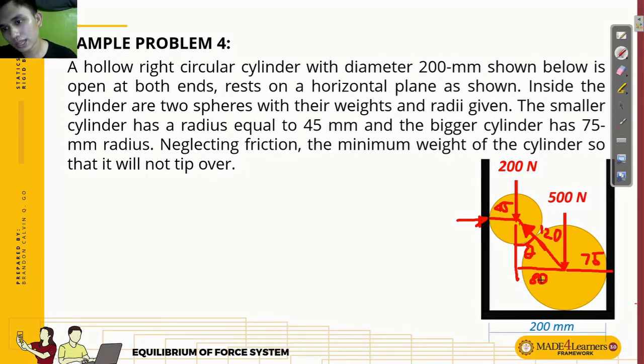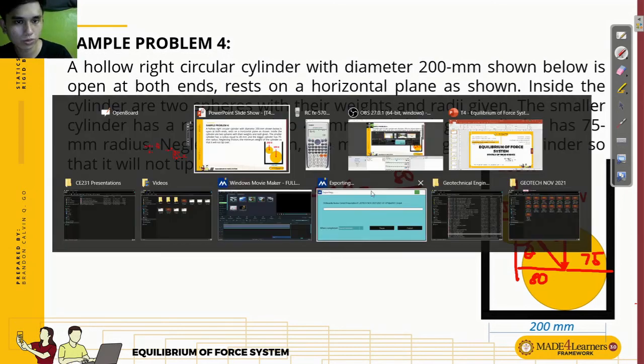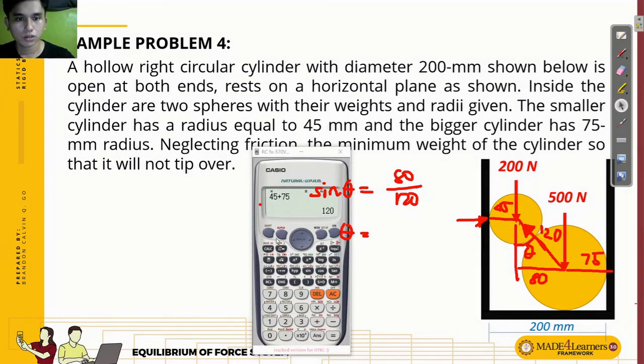We have the opposite side sa theta, and then sa iyang hypotenuse, we're going to use sine function. So, sine theta is equal to 80 over 120. So, theta is equal to arc sine of 80 over 120. Okay, so theta is equal to 41.81 degrees.